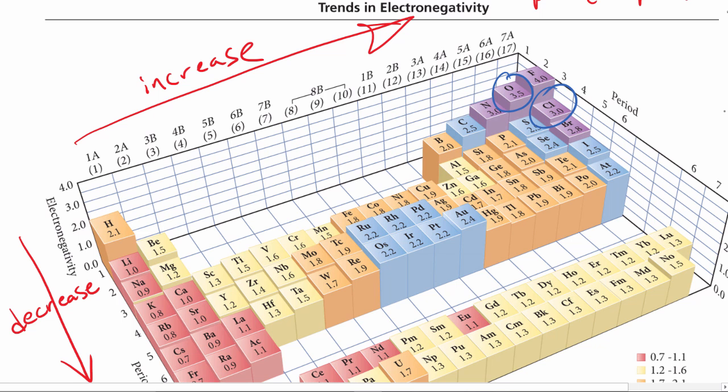Now, what we're going to do with this today is talk about polarity as it pertains to both bonds and molecules. And when we talk about a polar bond, we define a polar bond like this. We define it as being one in which the electrons are not shared equally.